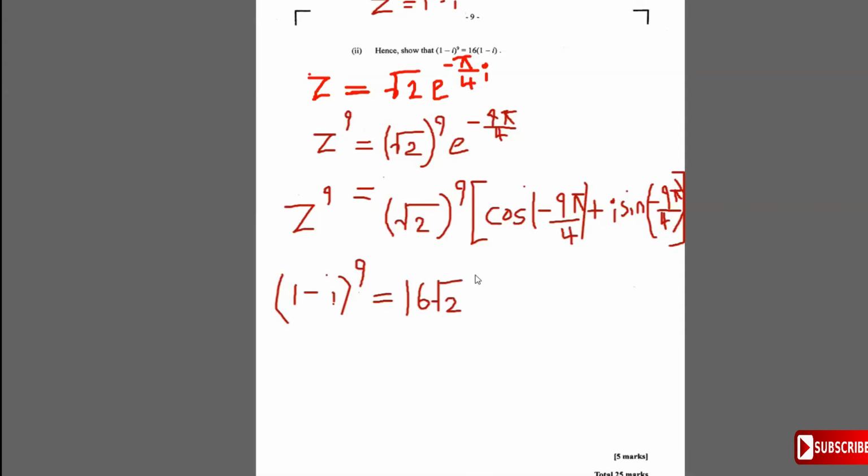And 16 root 2 is multiplied by, putting in a calculator, the cosine of minus 9 pi by 4. The cos of that is root 2 over 2.